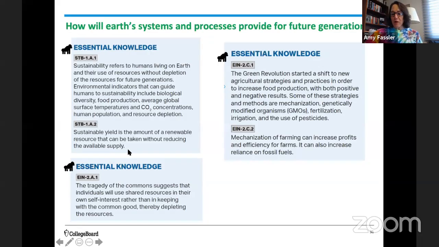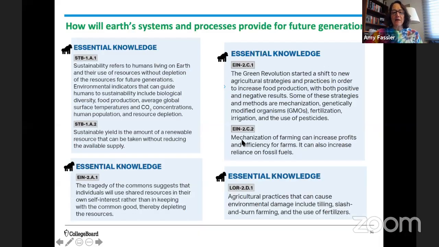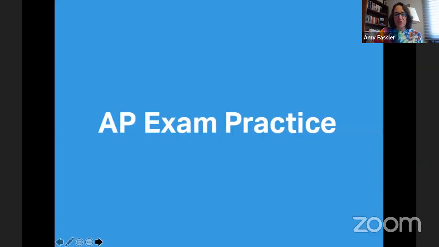We reviewed the Green Revolution, what it was, and how it was able to increase yields, but some of the drawbacks of that. And finally, we just introduced the idea of some different kinds of agriculture practices. And tomorrow you're going to dig into those in a little bit more detail.